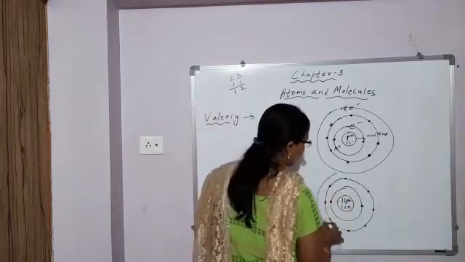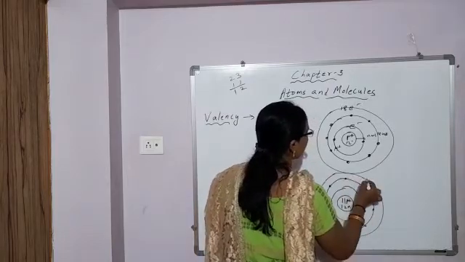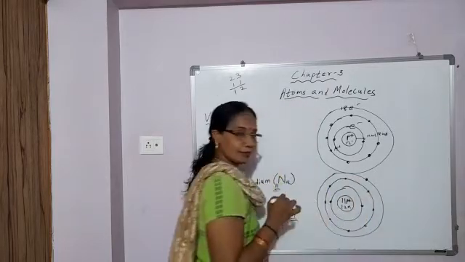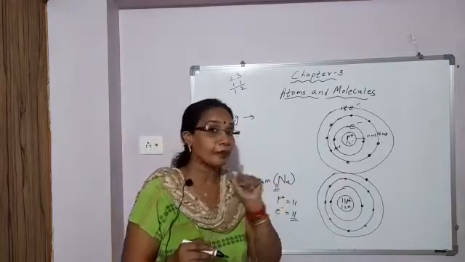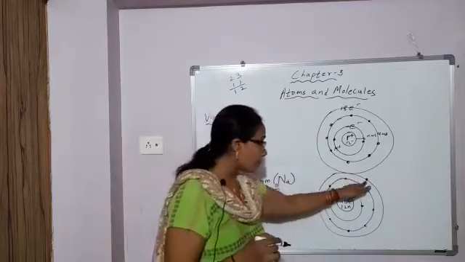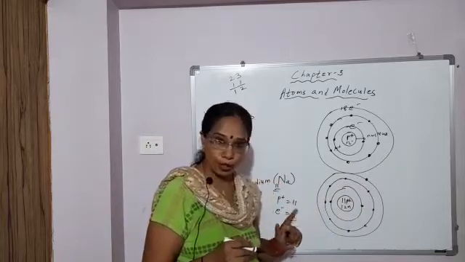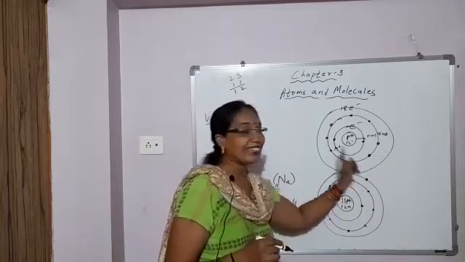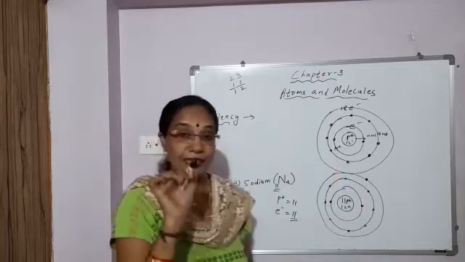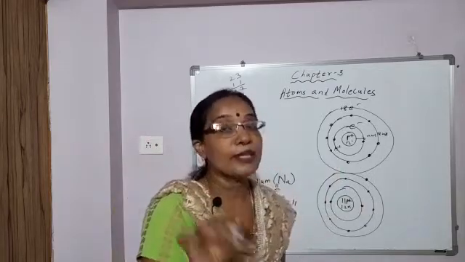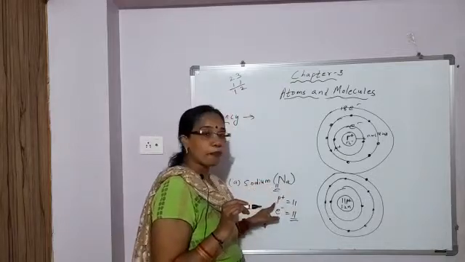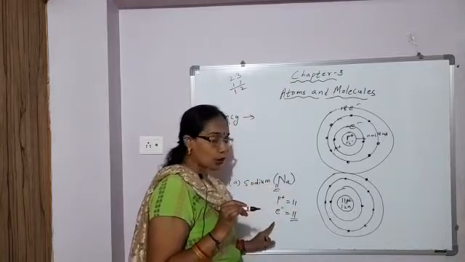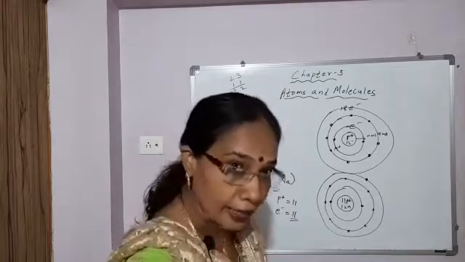So that 1 electron will go to the third shell. So this is the structure of sodium atom. You see here number of electrons is equal to number of protons. Positively charged particle and negatively charged particle in an atom is equal. So atom is neutral. So atomic number is equal to number of protons and number of protons is equal to number of electrons.